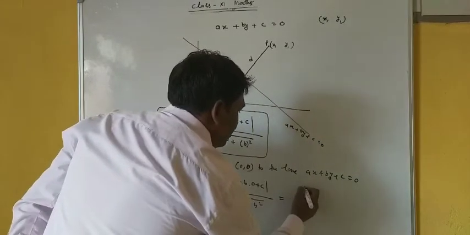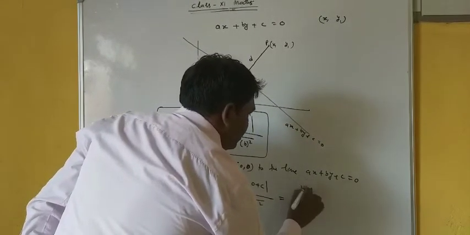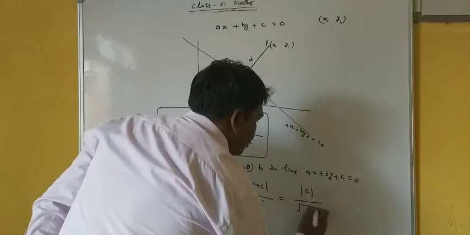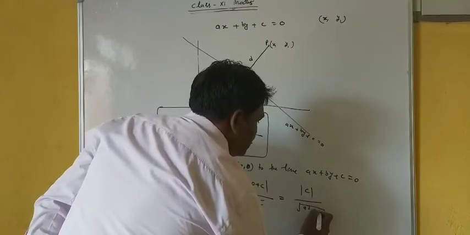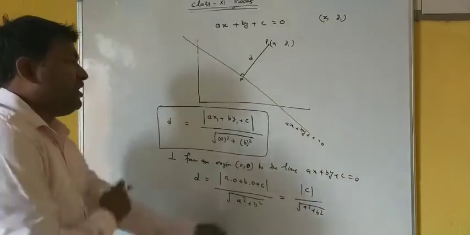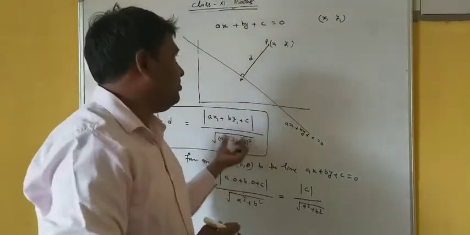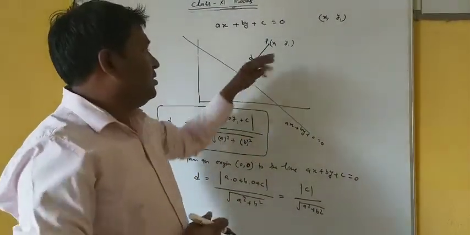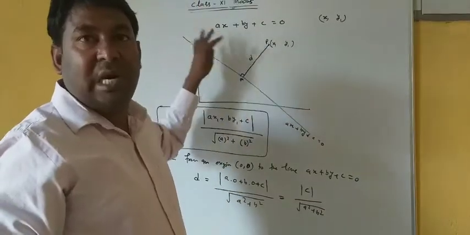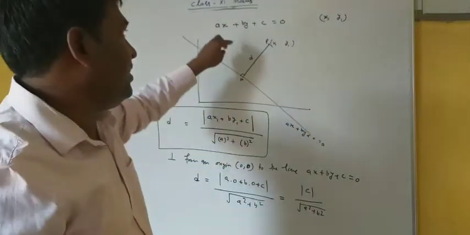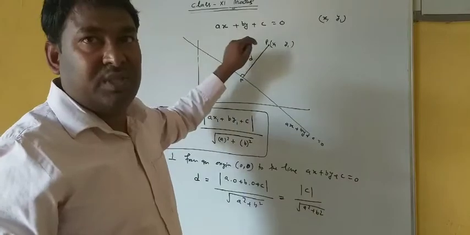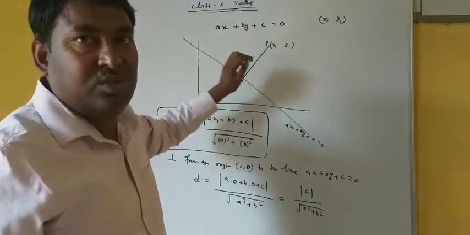So it is c upon square root of a square plus b square. In this way we can calculate the length of the perpendicular drawn from a point to a line, if the equation of the line is given. I will explain in numericals.